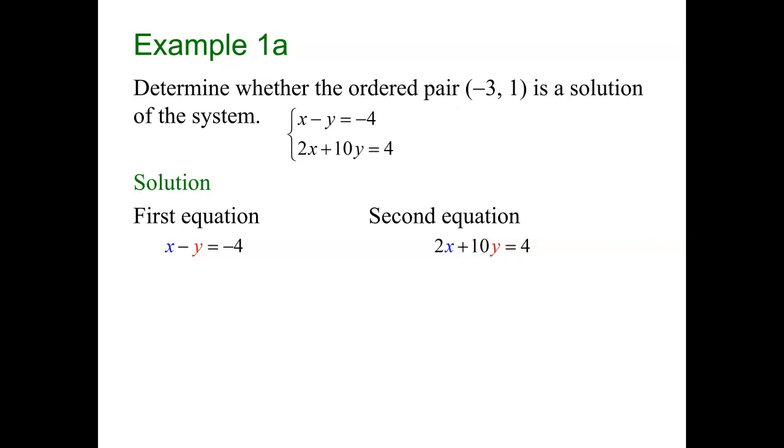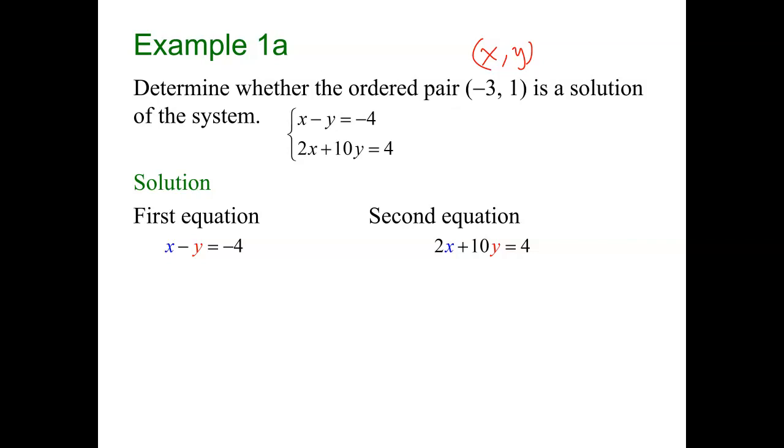How could I find out if a point that is given is located on a line of an equation that is given? Plug it in. We're going to plug in that ordered pair. This is my ordered pair, x comma y. And we're going to see, is that point a solution to the system? So we need to plug that point into both equations and see if it's true for both.